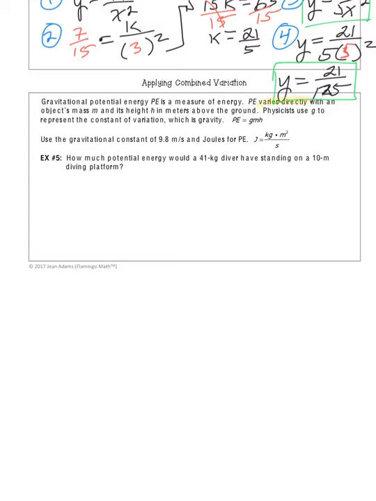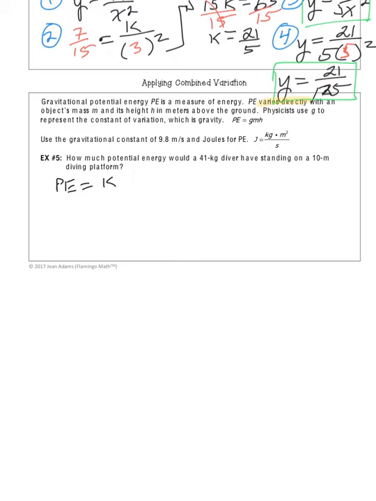So I know that for my formula, I'm going to have PE equals, and then I'm going to have a K directly across, with an object's mass m and its height in meters above the ground. So it actually should have said varies jointly with an object's mass and its height.